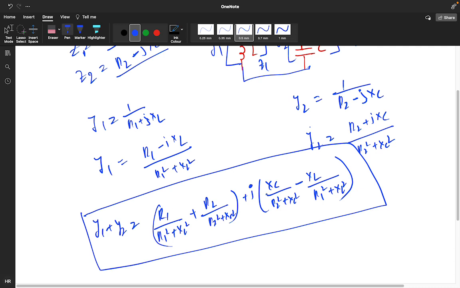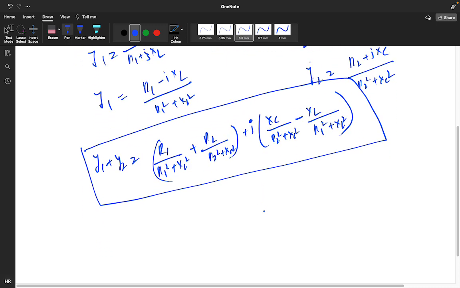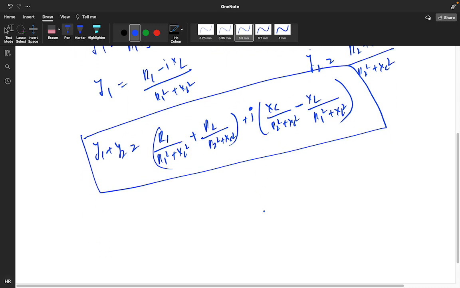Right? Is this correct, or are you facing any doubt here? Prasanna, any doubt?